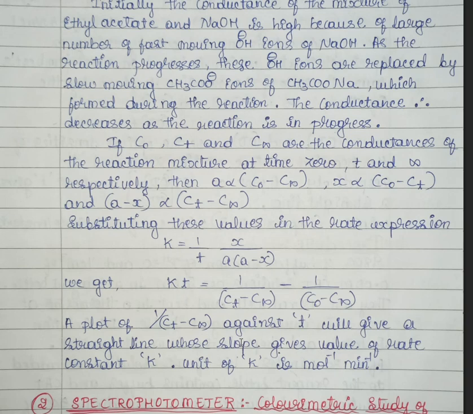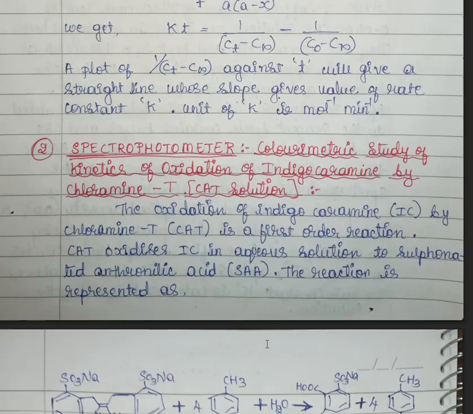We plot a graph of 1 by Ct minus C infinity against time t and get a straight line. The slope of this line gives the rate constant k, whose unit is per mole per minute. This is the graphical conductometric experimental method to determine the rate constant of a second order reaction.